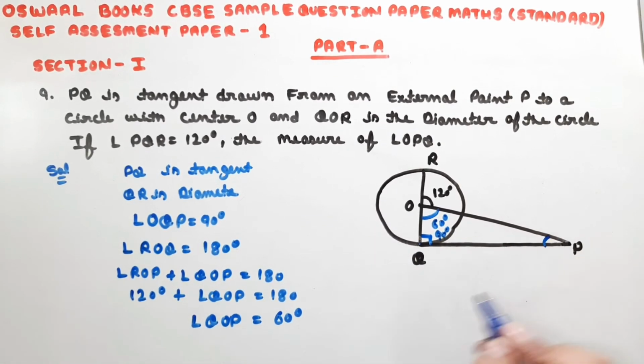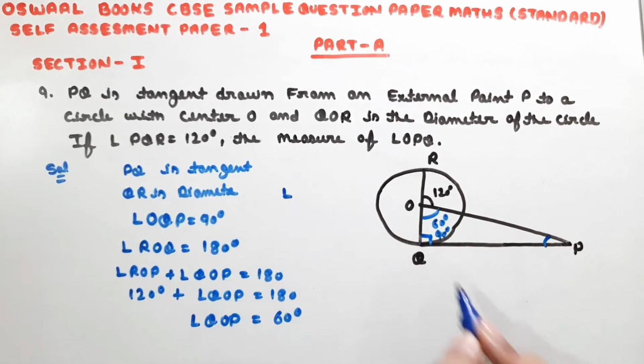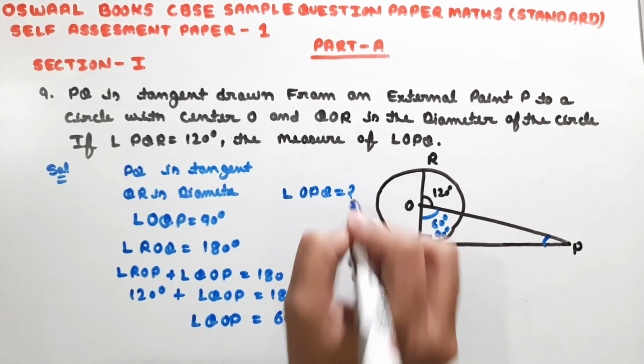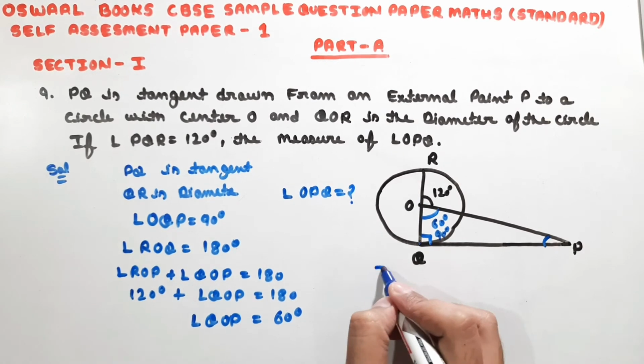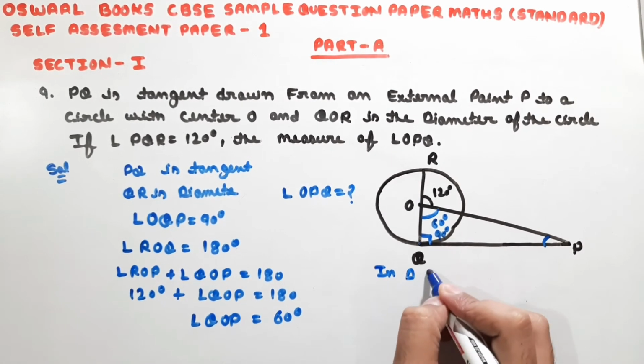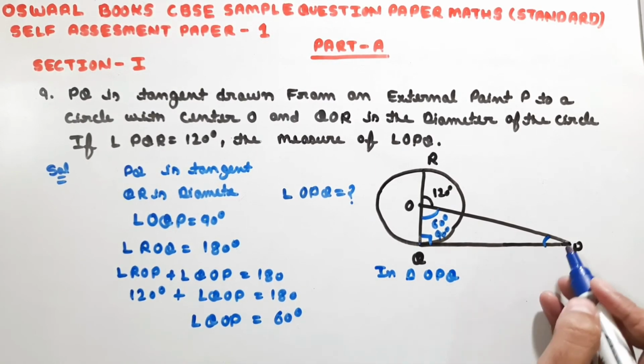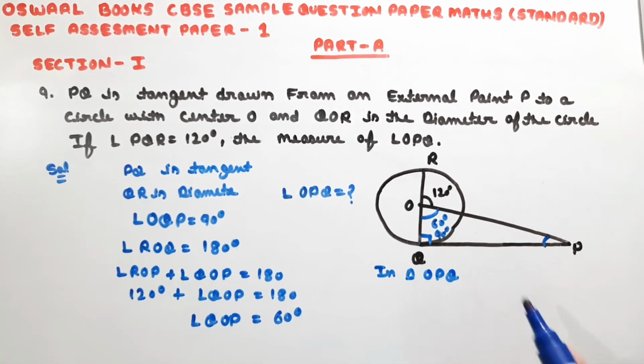We have to find angle OPQ. So in triangle OPQ, the sum of all three internal angles will be 180 degrees.